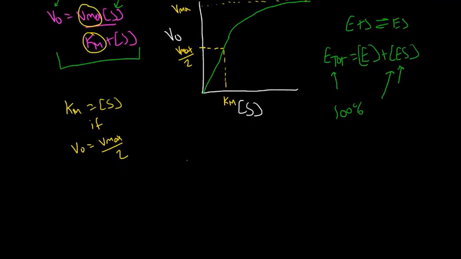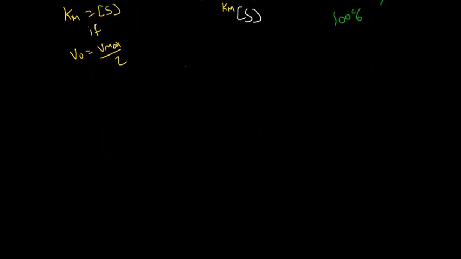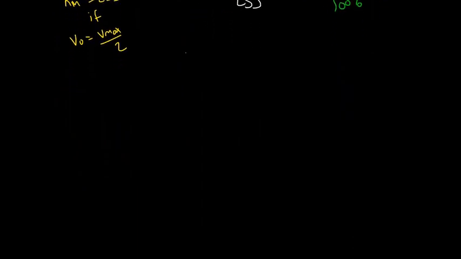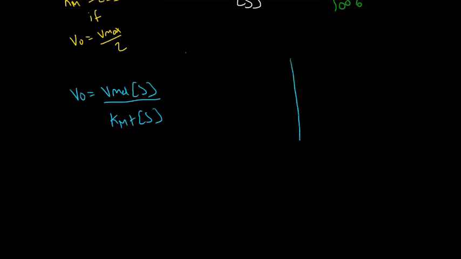So let's scroll down here and explore this equation a little bit more in terms of basic kinetic ideas. We said that V naught equals V max times the substrate concentration divided by Km plus the concentration of our substrate, and we have this graph that looks like this: V naught versus the substrate concentration. Let's think about two different situations.